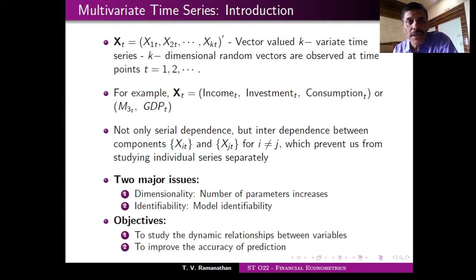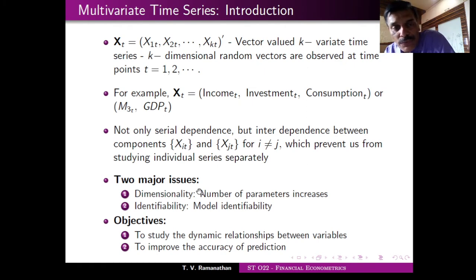That means GDP at two different time points may be dependent. At the same time, GDP at one particular time point could depend on M3, maybe at the same time point or at another time point. So lag can also have a dependence. Because of this, we need to consider them together.